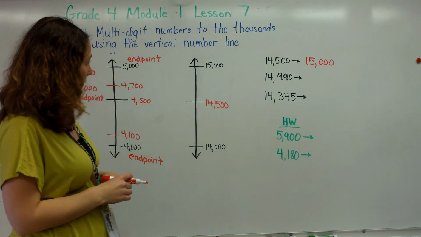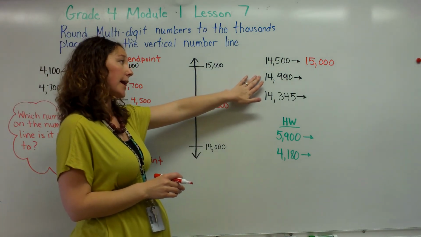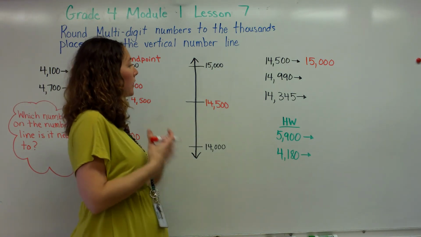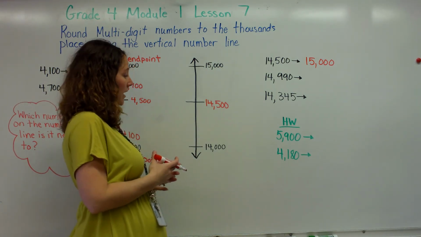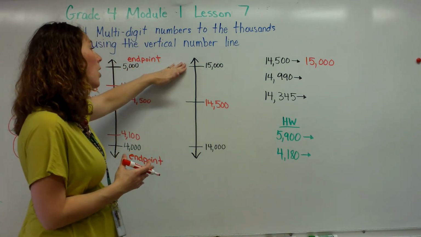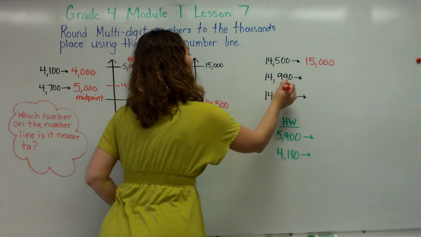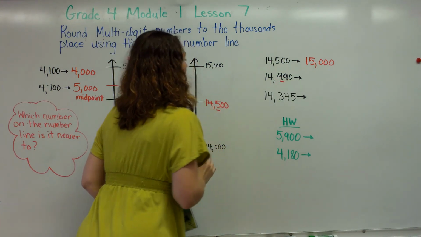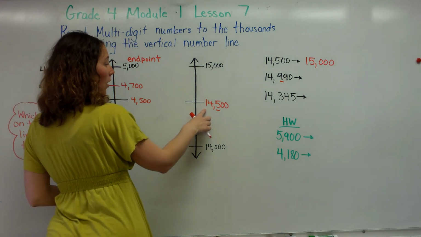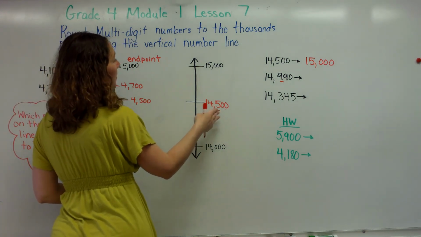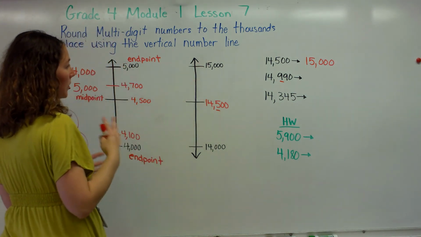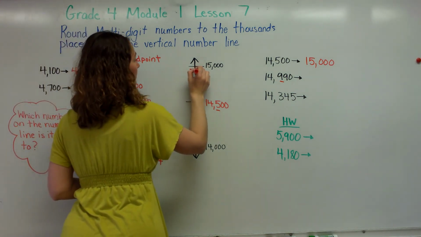Our next example, 14,990. I need to look at my two numbers and decide, is 14,990 closer to 14,000 or closer to 15,000? Well, I know just by looking at the digits in my hundreds place that 14,990 is greater than my midpoint, which is 14,500, but it's not quite to 15,000, so again, I'm going to do my best to place it on my number line.